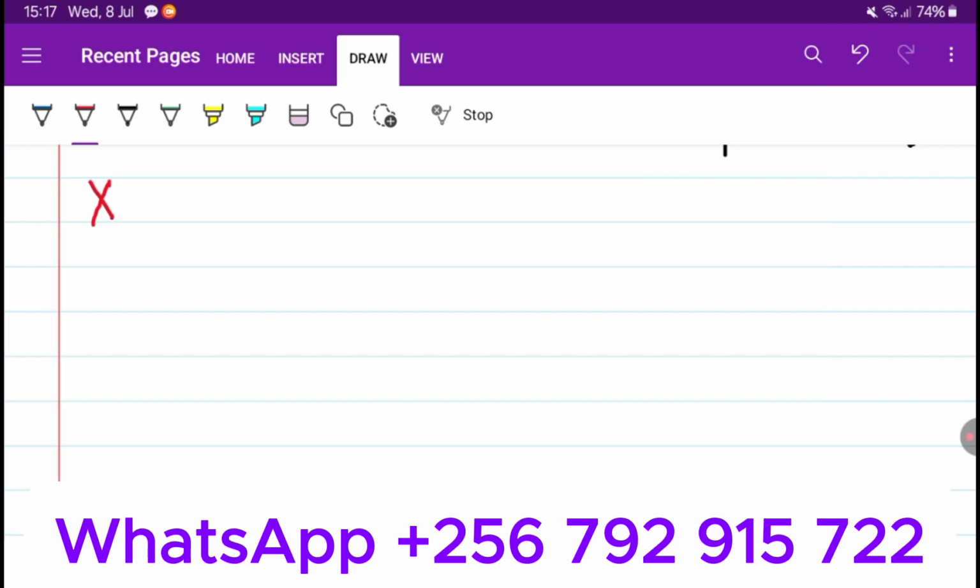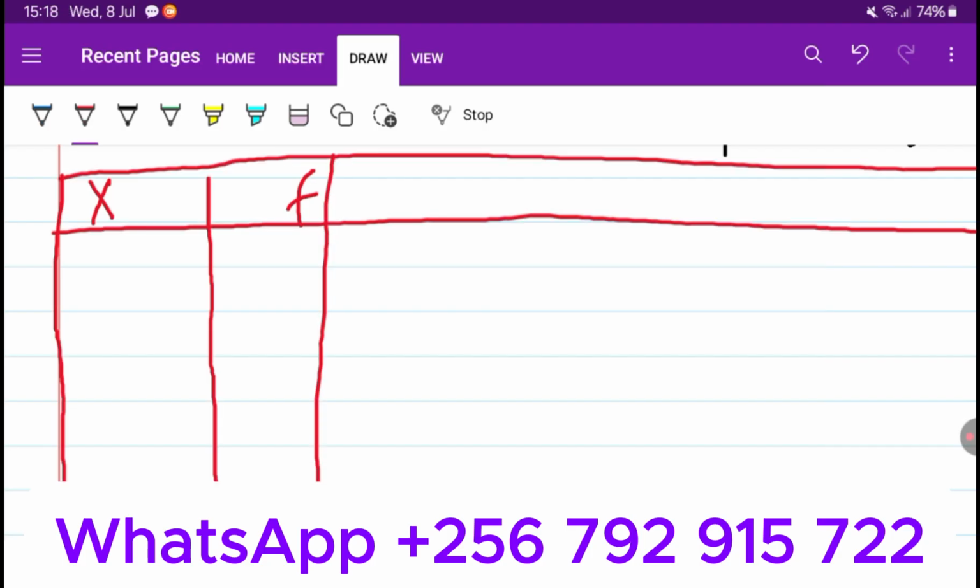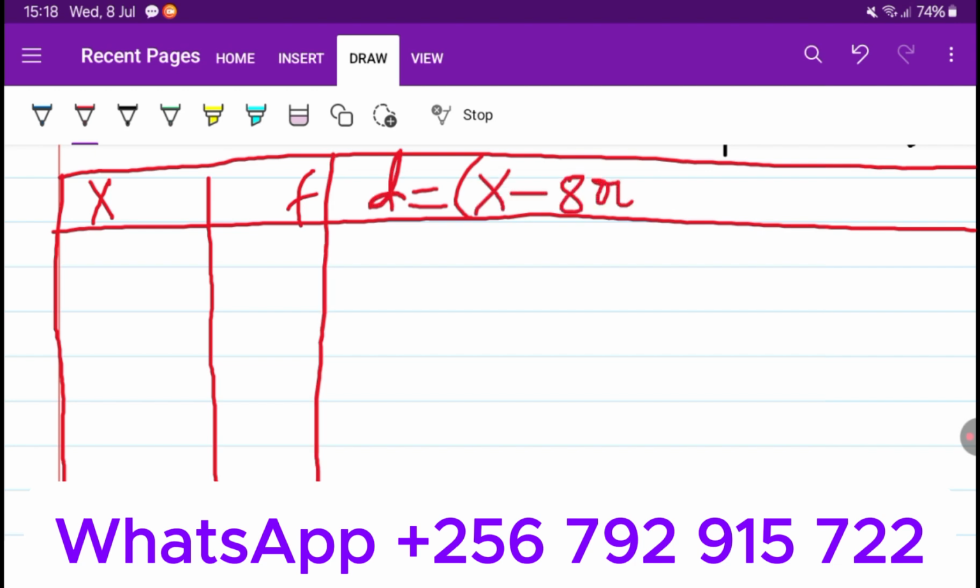We have the x and then the frequency. Then we show the difference, that d, which is actually x minus 800. Then we indicate the fd, that is f times d.